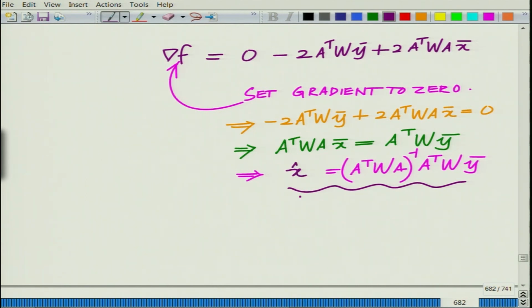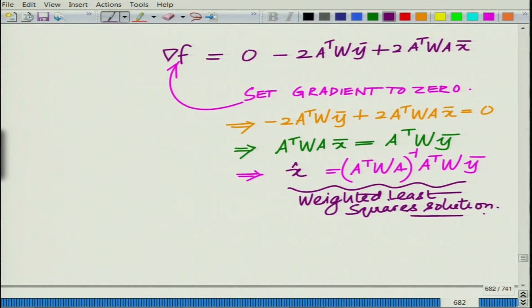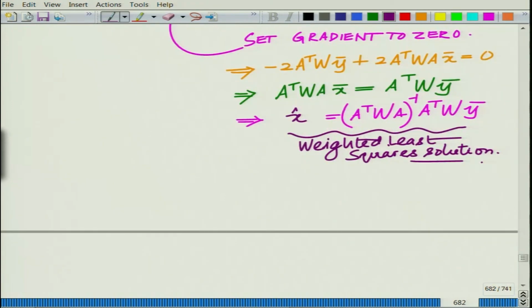This is the weighted least squares. This is your WLS solution, which, let me write it a little prominently.